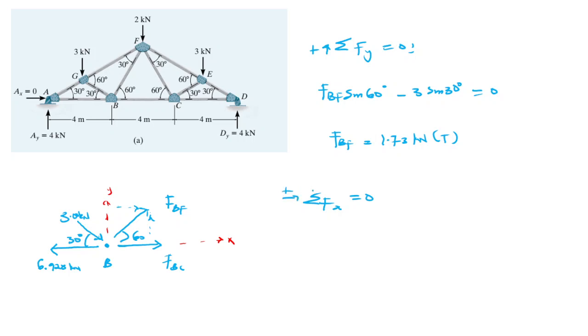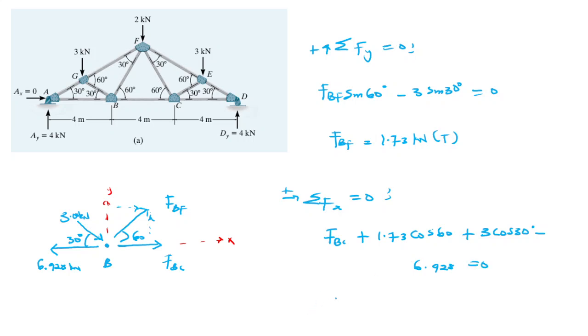If we take this as our positive, we have our FBC plus 1.73 cos 60 plus 3 cos 30 minus 6.928 equals 0.